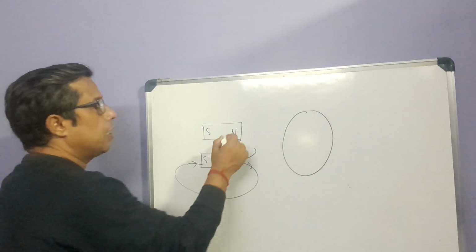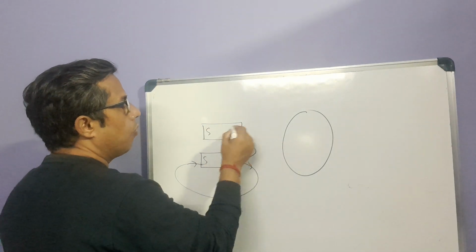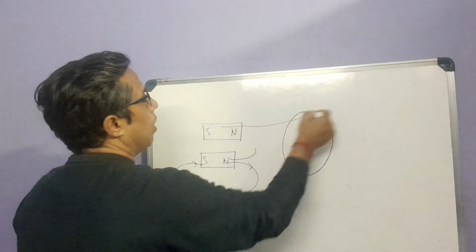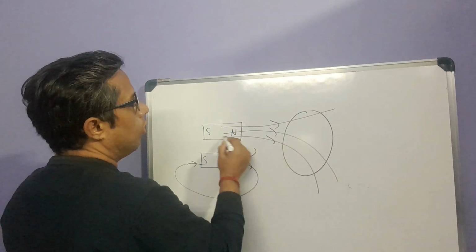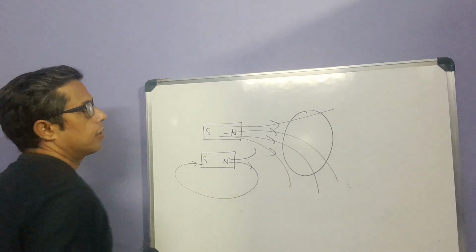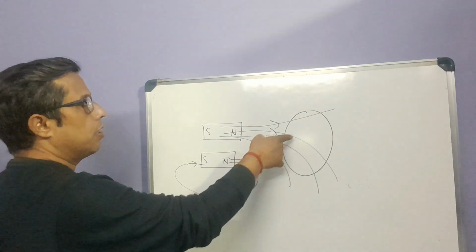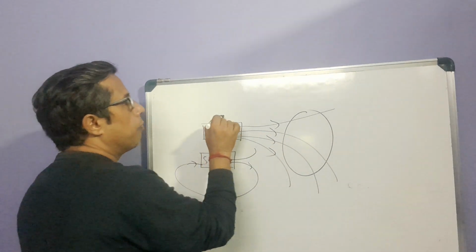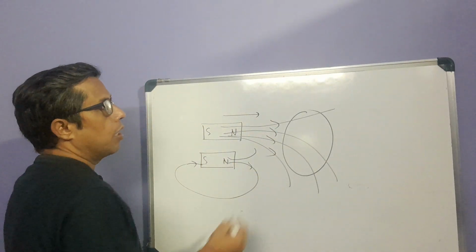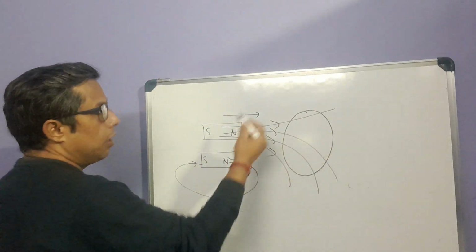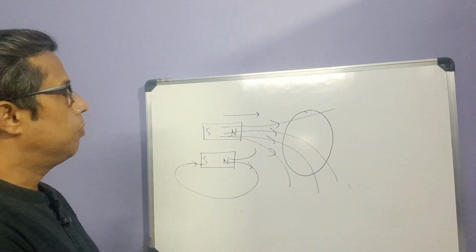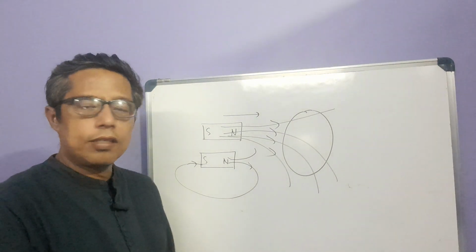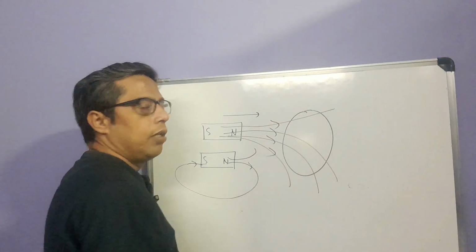Whenever a magnet goes very close to a conducting wire, what happens? The magnetic field exposure will happen through a flux. So this flux is going towards the coil. If this magnet is approaching, the flux exposure will change, which means there will be a change in flux on this particular coil.